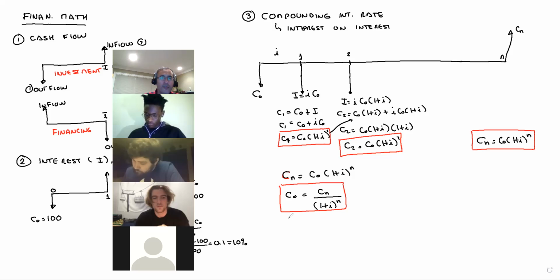What is C0, guys? It's something that we call present value. What is Cn? Future value. And what is 1 over 1 plus I? So all this ratio here is a discount factor. Yes, sorry, discount factor. And I alone is the discount rate.